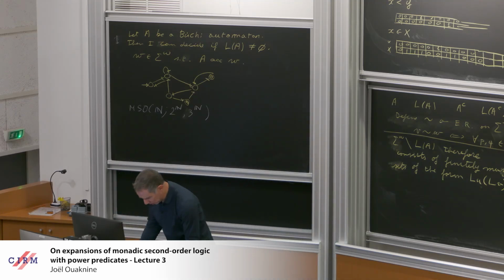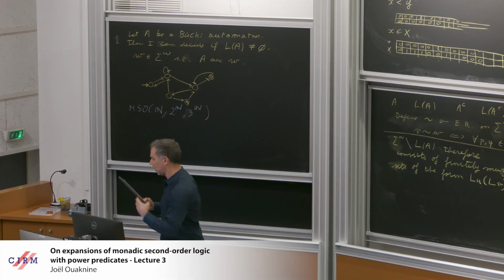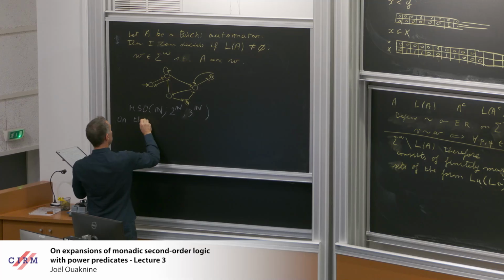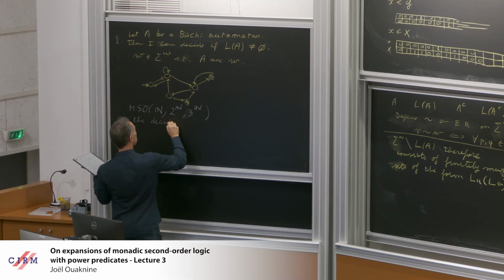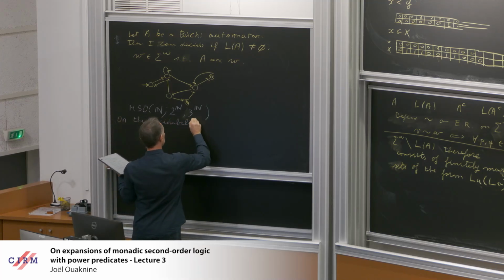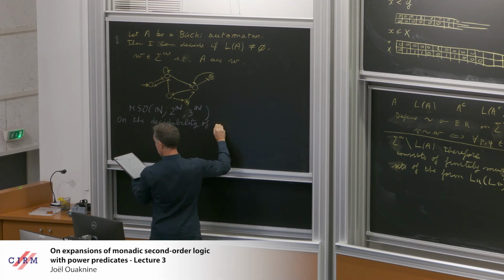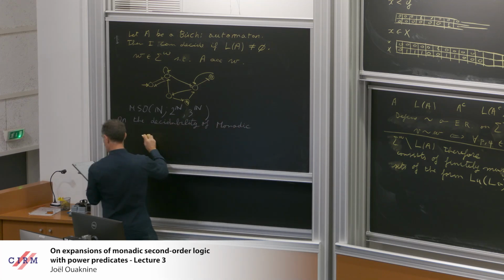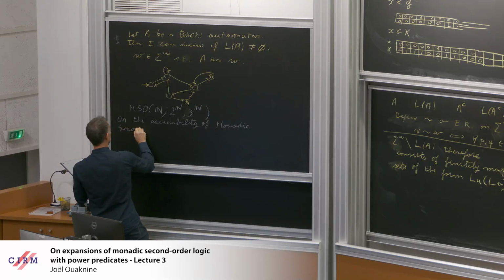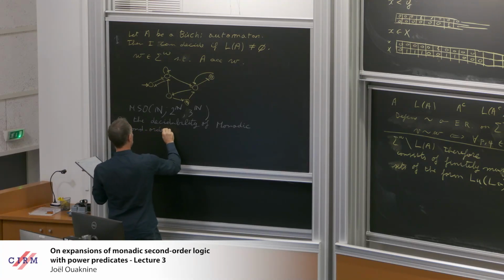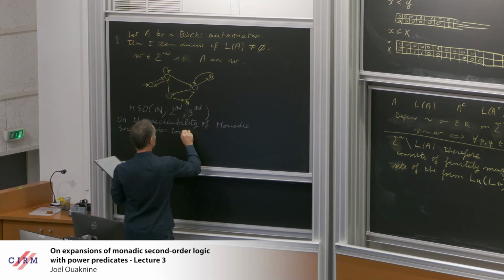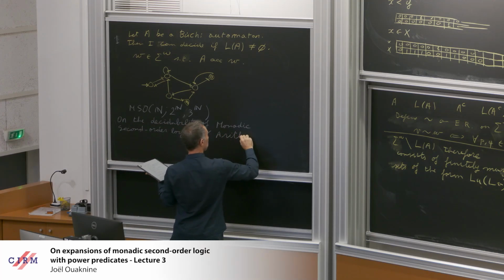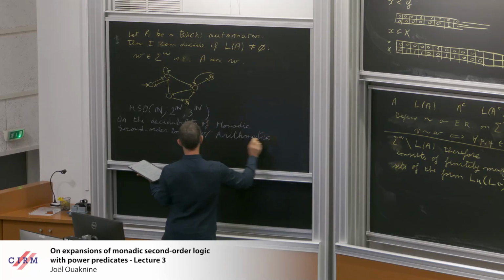Just want to see the exact title. So this is "On the Decidability of Monadic Second Order Logic with Arithmetic Predicates."